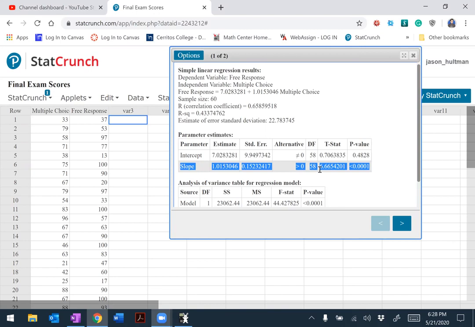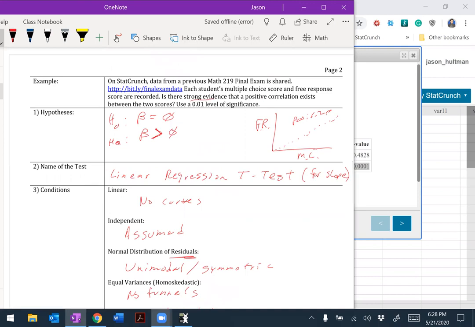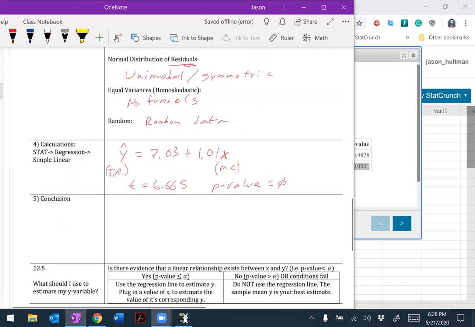This just means it's pretty close to zero. So the t score is going to be 6.665, and the p-value is going to be equal to 0, which is less than my significance level. My significance level was 0.01.